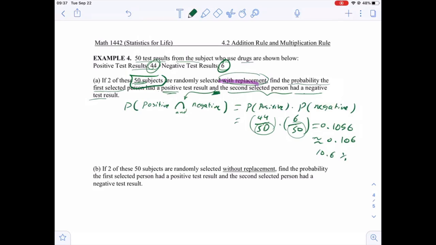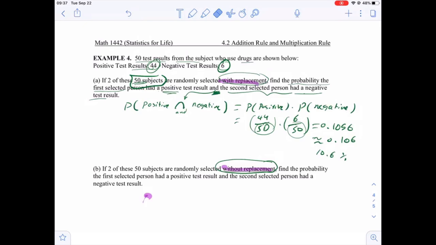Now for part B, the selection happened without replacement. Without replacement means that when we choose the first subject and check, we ask that subject to set aside, and then we choose another person from the set that's reduced by 1.